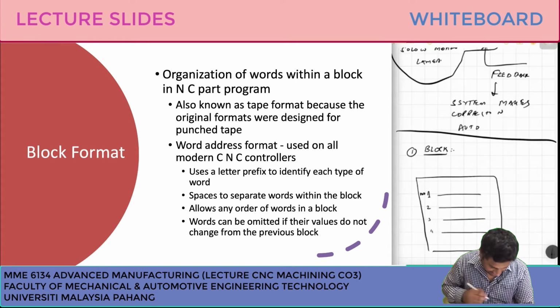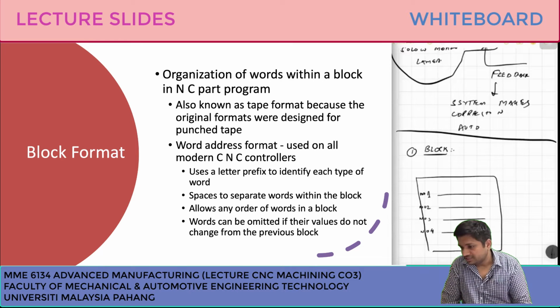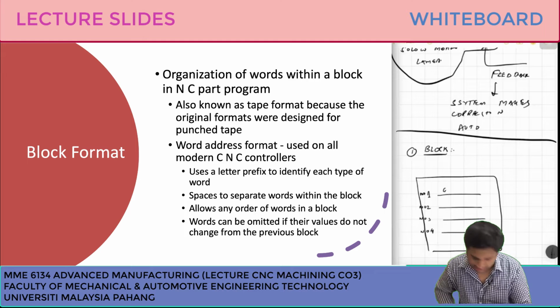We give sets of instructions N01, N02, N03 and N04. In CNC or NC programming, N is a number which tells us the line number or the instruction number. So N defines the instruction. What happens is that you write words in the form of blocks.